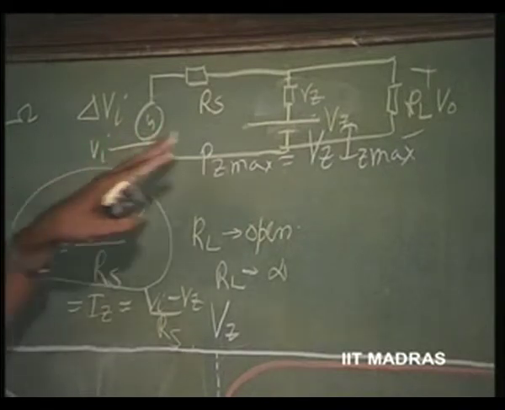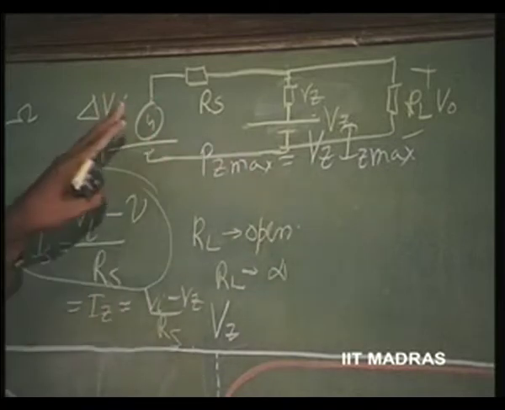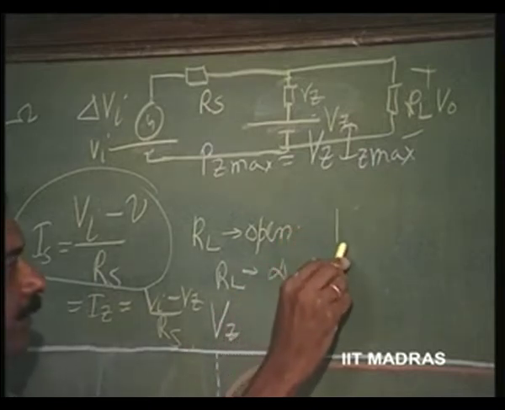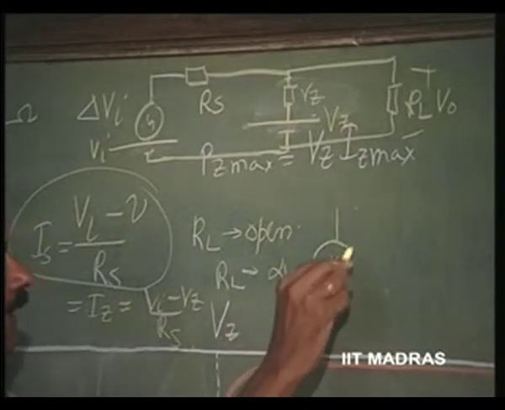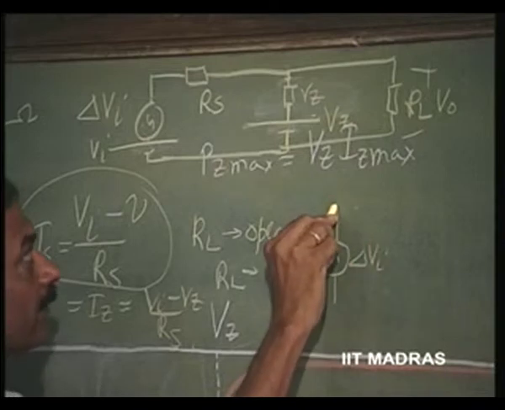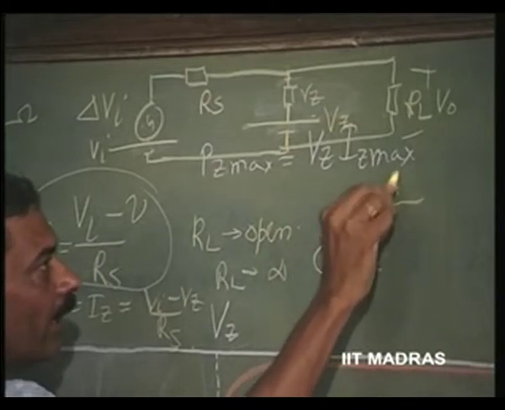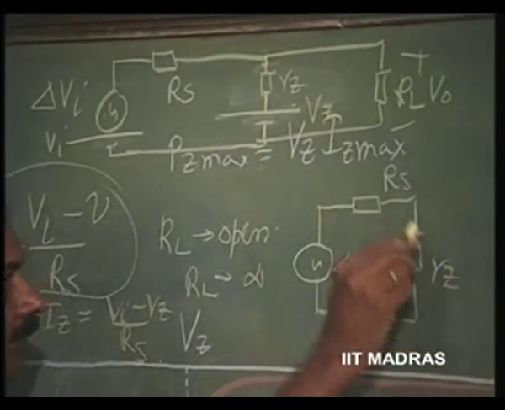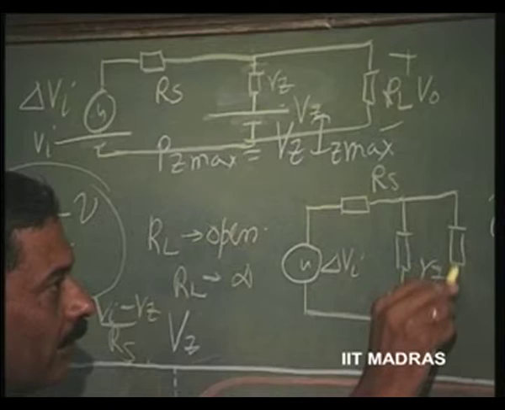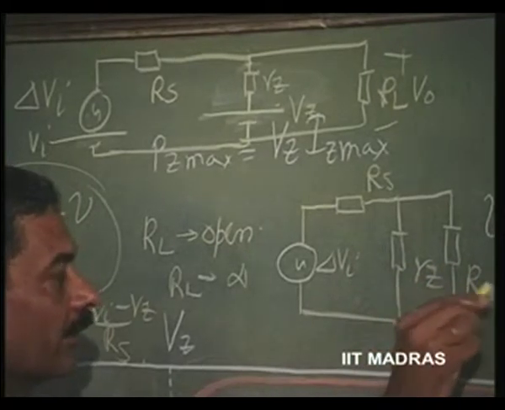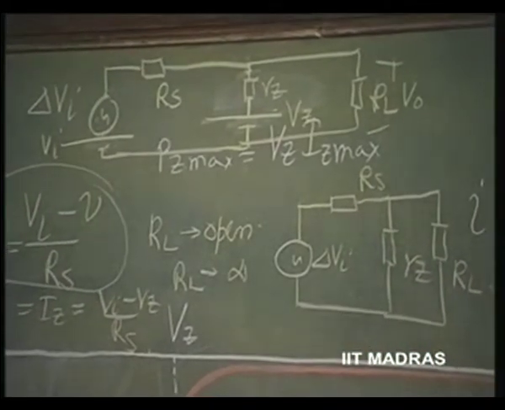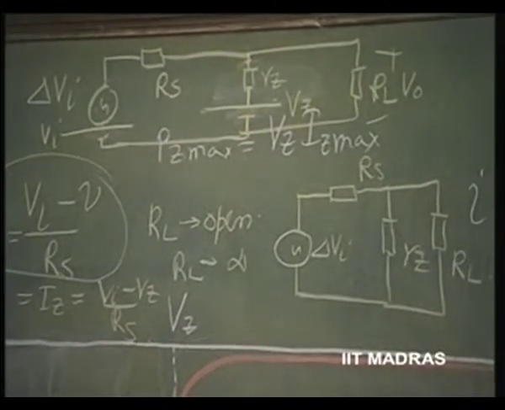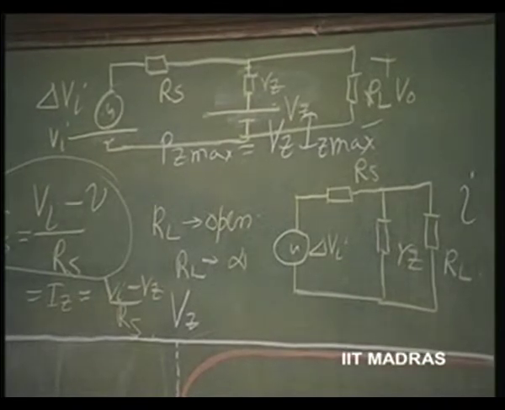For this voltage, I can separately find out all the situations, and for this voltage, I can again find out the situations. So, I would like to see it for only the changes, that means this battery with delta Vi change, Rs, Rz and RL. So, this is the circuit which will give you all the changes in currents and voltages that will now occur. Let us use this.